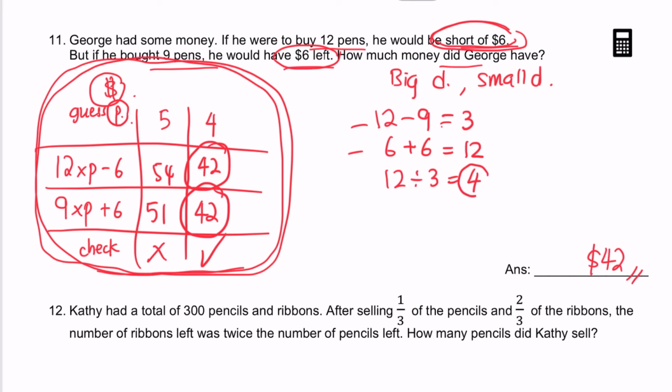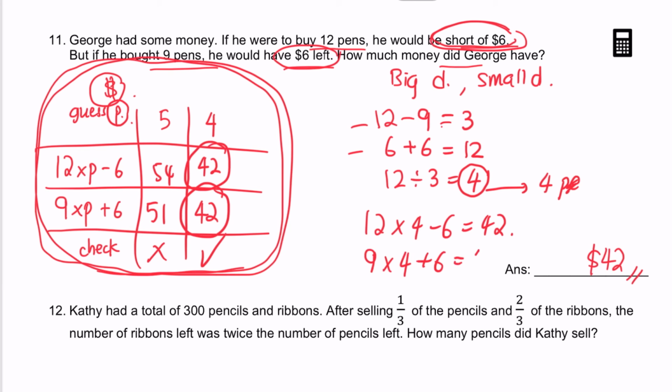So what does that 4 represent? It refers to the 4 groups of pencils, the multiples. Okay, so here we have to substitute that 4 inside the equation. 12 times 4 minus 6 gives me 42. And same goes, you try with another scenario. 9 times 4 plus 6 also gives me 42. Okay, so my answer is $42.